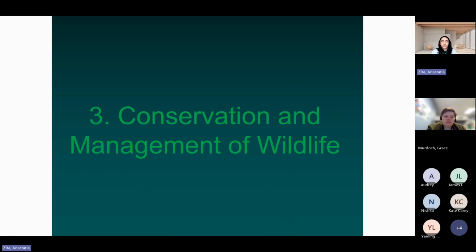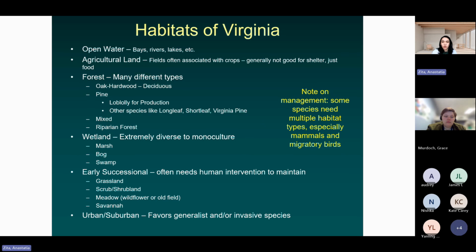All right, on to conservation and management. Virginia has a variety of habitats, including open water such as bays and rivers, agriculture fields that provide food, different types of forests like oak, hardwood, pine, mixed and riparian forests, wetlands like marshes, bogs, and swamps, early successional habitats with thick understories, grasslands, shrublands, meadows, and savannas, and obviously urban and suburban areas that typically favor generalists and invasive species.